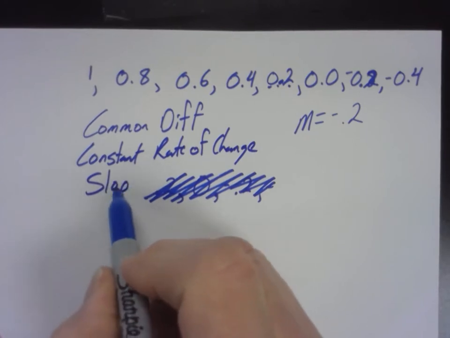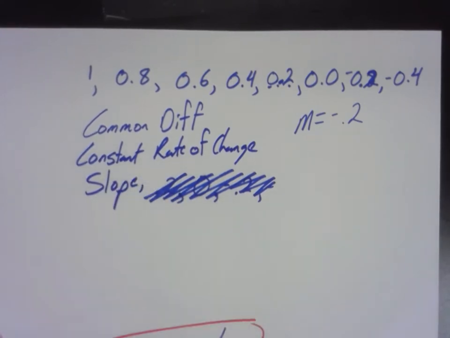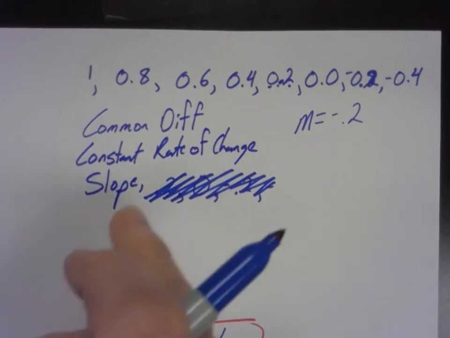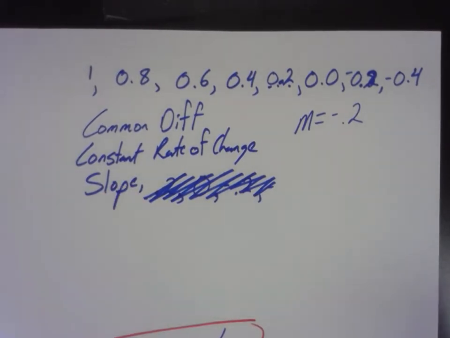Slope. There's a lot of names for it. Slope makes no sense whatsoever except for when you're graphing it. You know what I'm talking about? In a real problem like this, what are we even talking about with slope? Constant rate of change or a common difference?